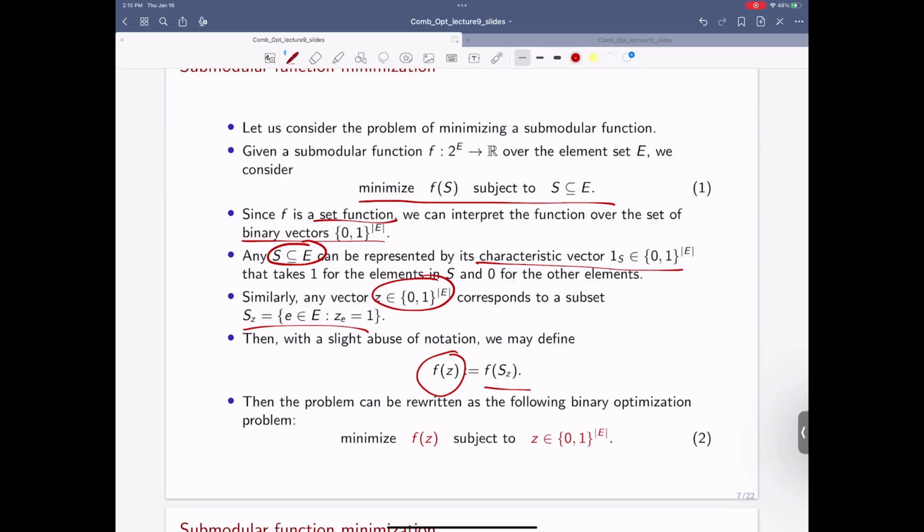If you do this, the submodular function can be viewed as an integer programming problem where the objective function is possibly nonlinear. Your decisions are out of the set of 0, 1 vectors, and you are choosing the one that minimizes this function.